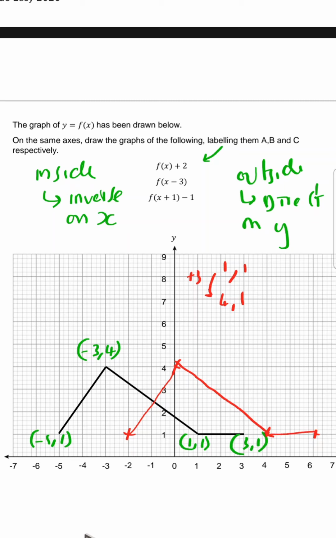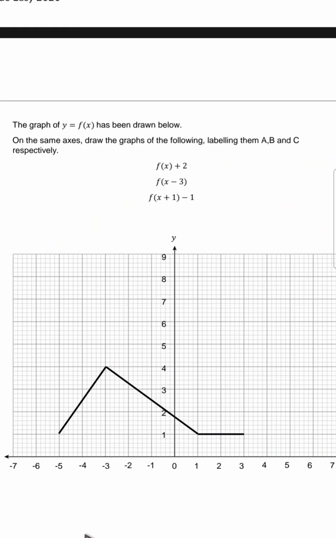Okay, so let's go into the last one here. I know this is turning into a bit of a long one, but this is literally all it is. So here we have an inside and an outside. So let's deal with the insides first. So let's take this point, minus 5, 1.